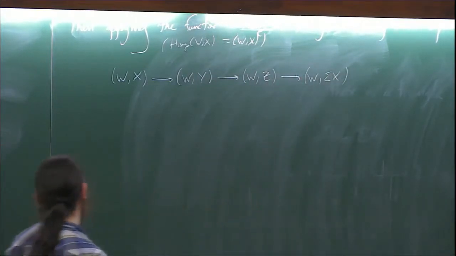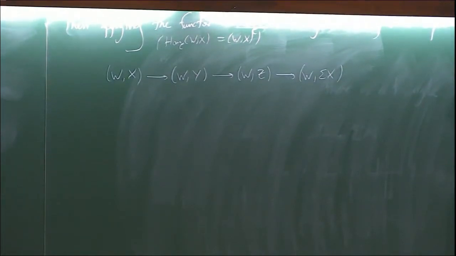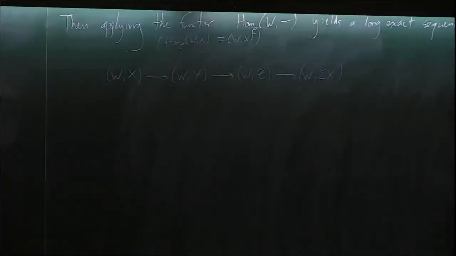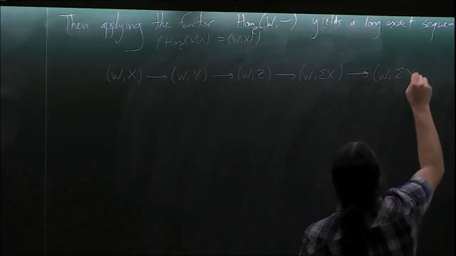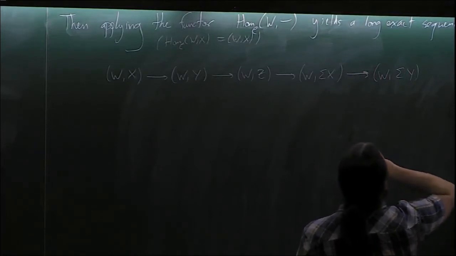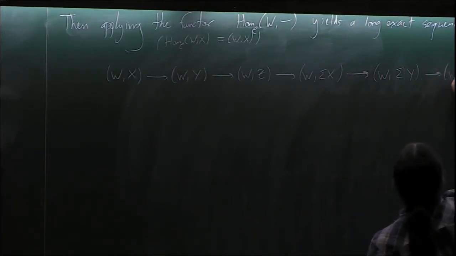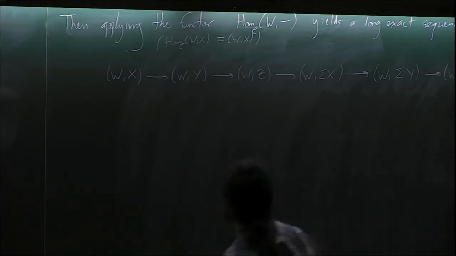And now recall that if this is a triangle, then all of its rotations are triangles as well. So I can continue this sequence by applying Hom W blank to the rotations of the triangle. And I can continue like this.